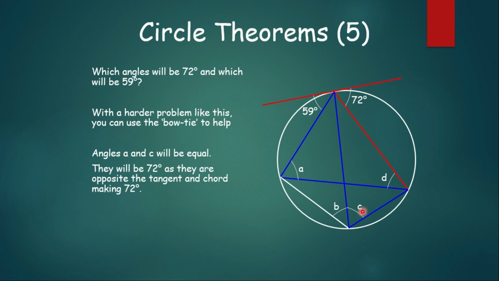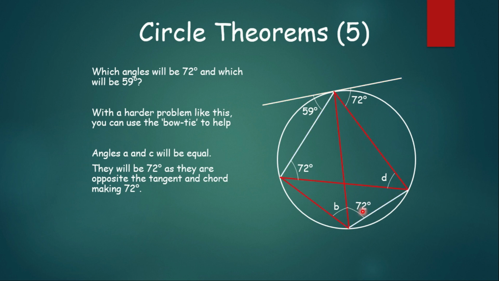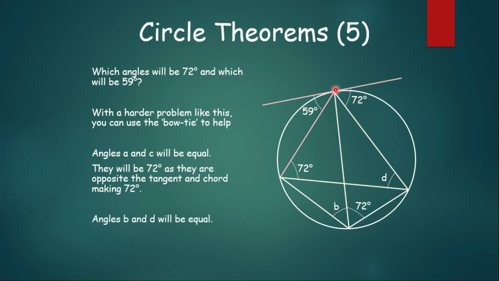Now, when we got it, then D is also answered using the bow tie theorem again. B here is equal to D. But we also know this is another tangent to the chord, which is 59 degrees.